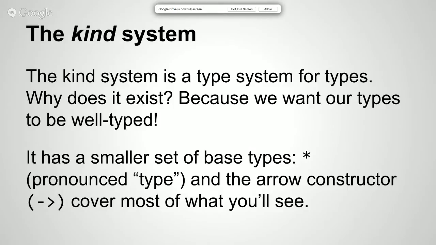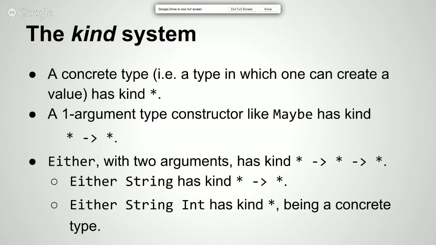We'll often be dealing with the value level, the type level, and the kind level, kinds being the types of types. So a concrete type has kind Star, or Type, as you've seen. A one-argument type constructor like Maybe is Type -> Type.